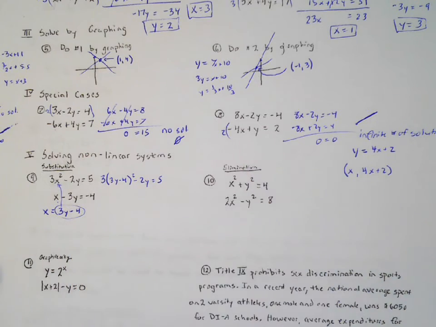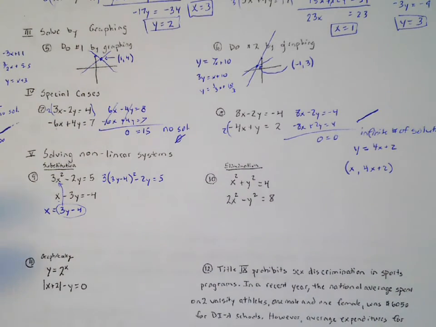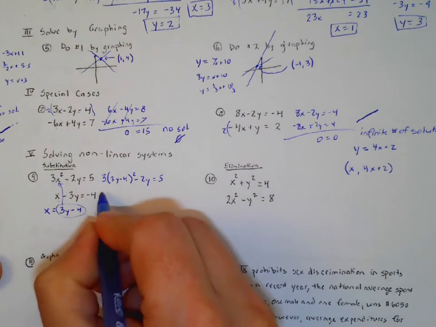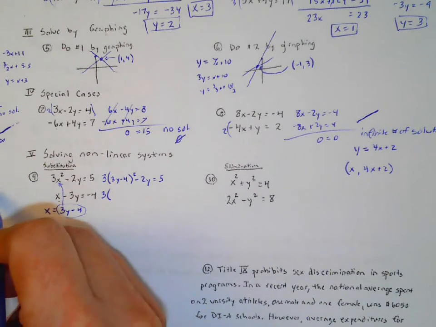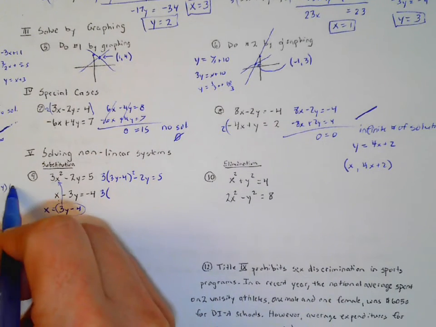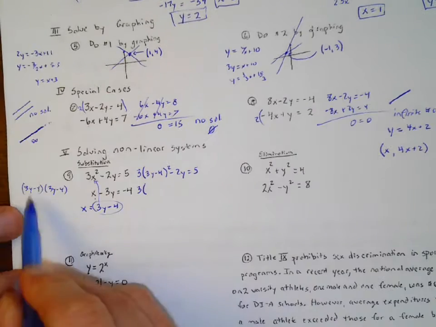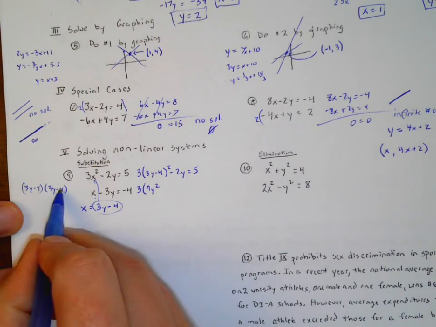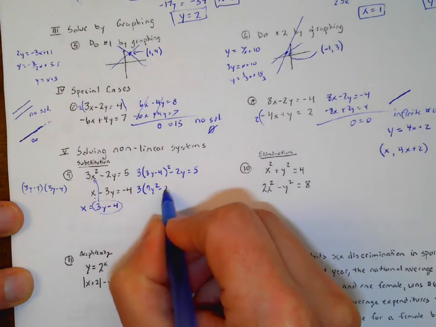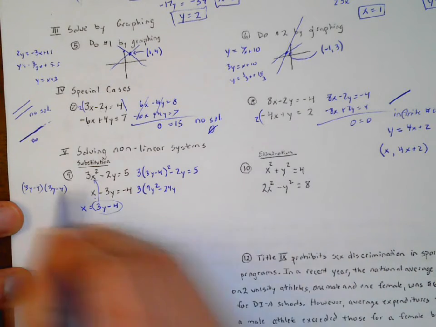You guys have gotten very good at solving quadratics. First we're going to have to multiply this together, right? So (3y minus 4) times (3y minus 4) is 9y squared minus 12y minus 12y, which is minus 24y, plus 16.